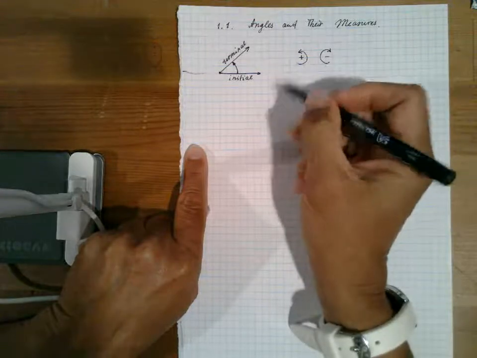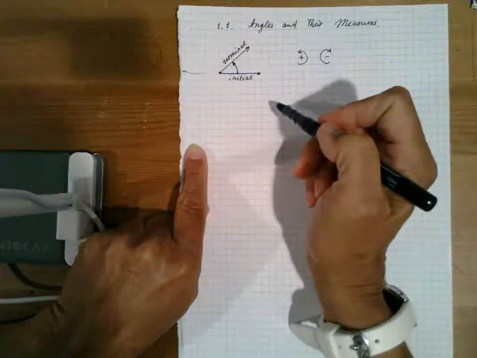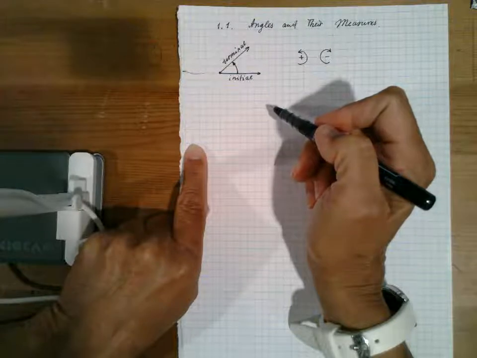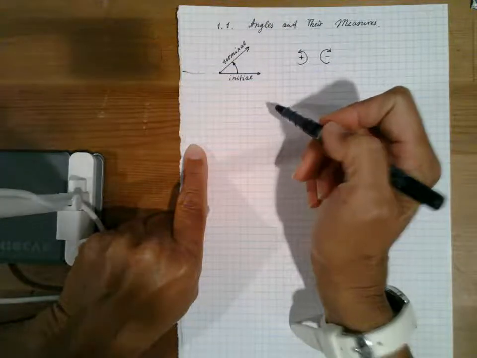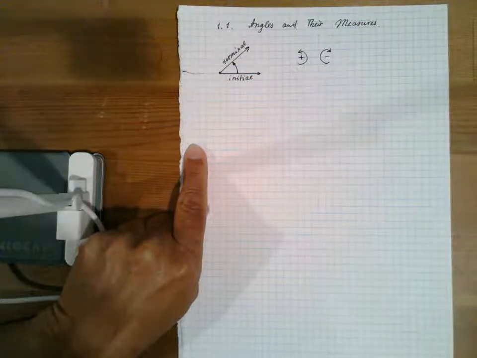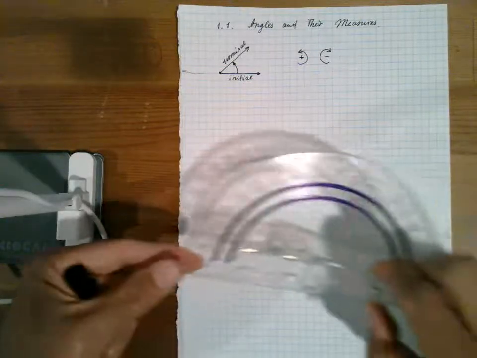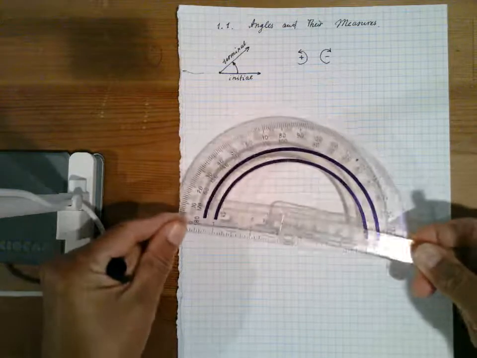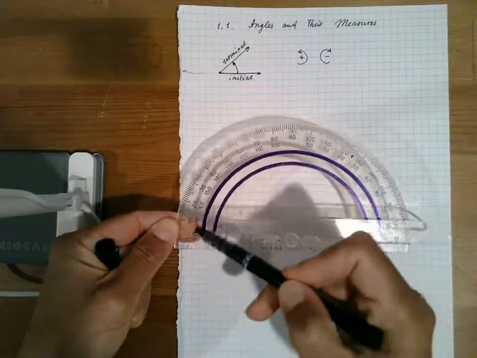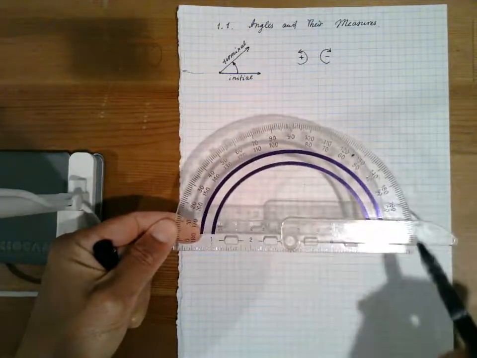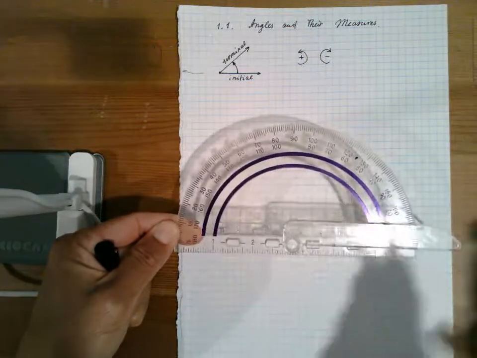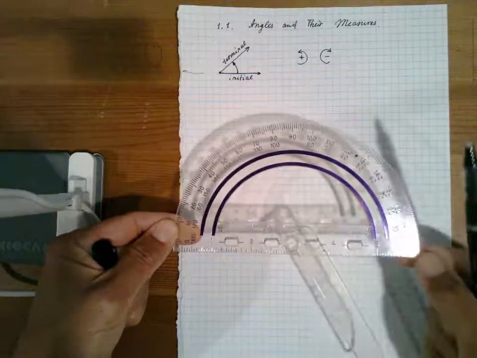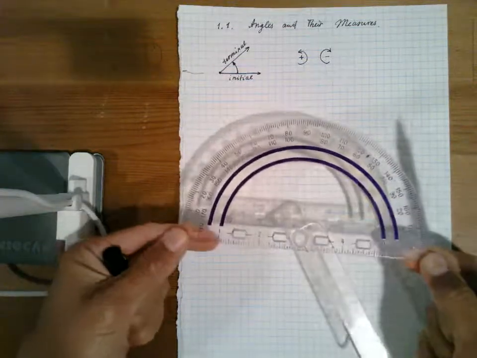Okay, now let's talk about how people are measuring angles. There are two major ways to measure angles. Way number one is to use degrees. Well, probably everyone's seen something like a protractor. It looks like this, right? The protractor has a long arc over here, which is half of a circle, and this half of a circle is divided into 180 small divisions.